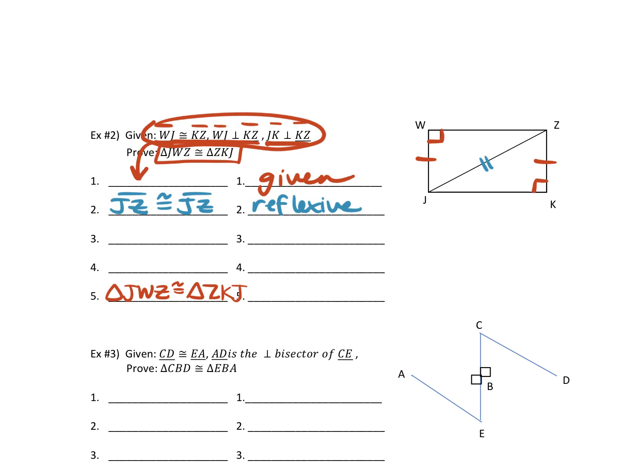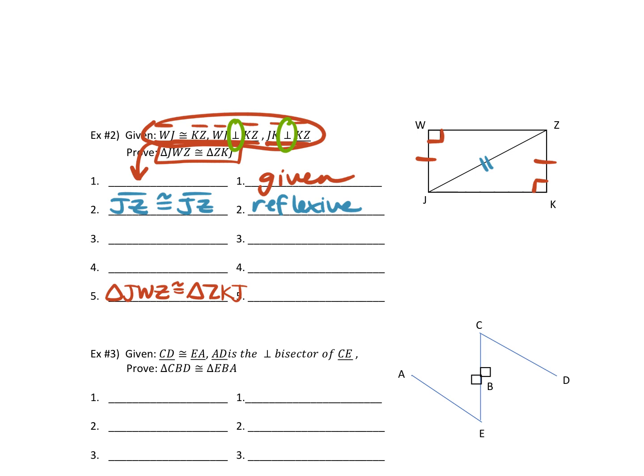All right. So look at your setup. Okay. Now, we said in order to prove triangles congruent, come back to me. I'm sorry I talked about JZ. In order to prove triangles congruent, we have to know that we have two right triangles. Is that what they told us in the given? No. What did they tell us in the given? They're perpendicular.